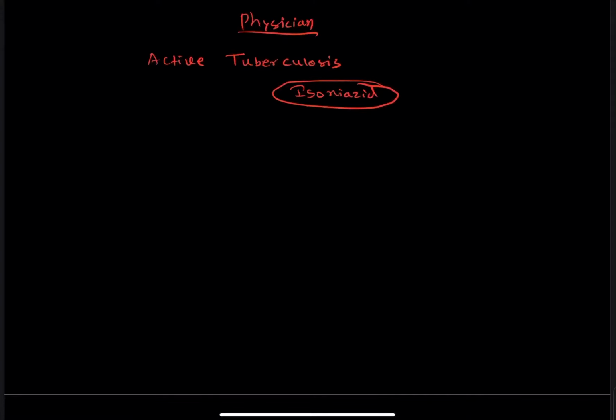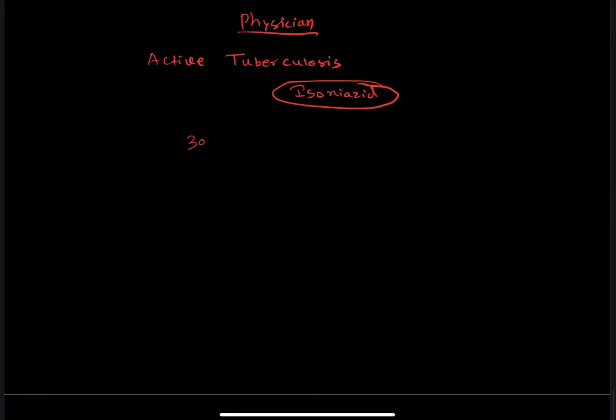Now, does it matter? Do you need to consider the half-life of isoniazid? The answer is yes, and why you need to consider that is a very important thing to note. Again, remember, drug half-life basically means the time required to reduce the plasma concentration to 50% of its original value. Let's say isoniazid was 300 milligram.